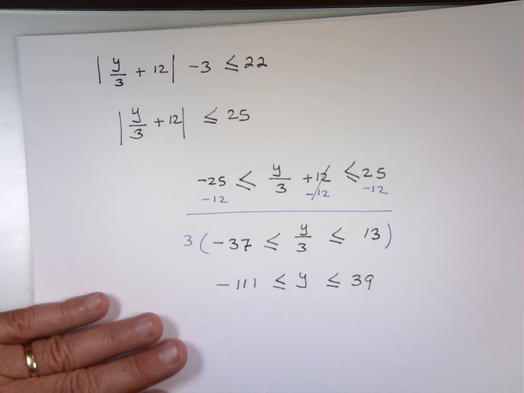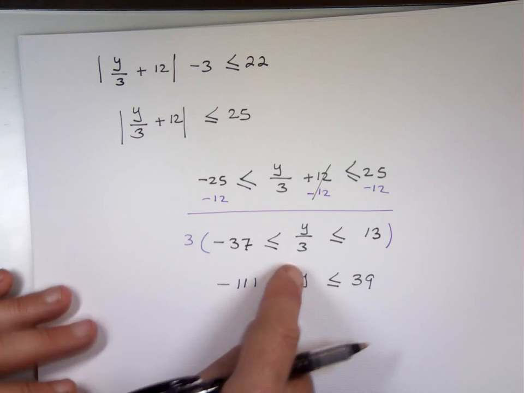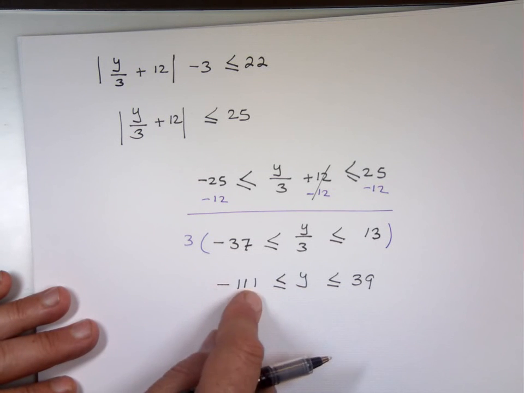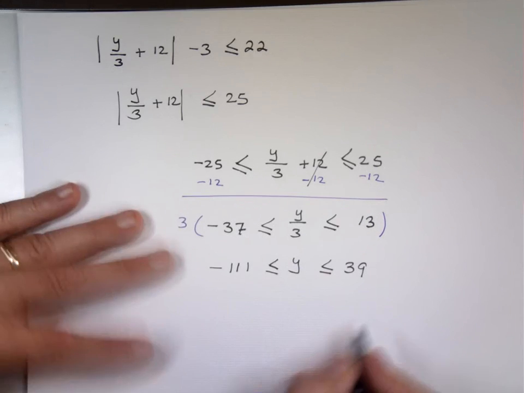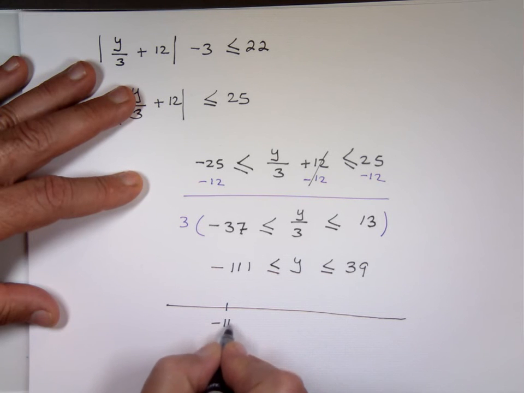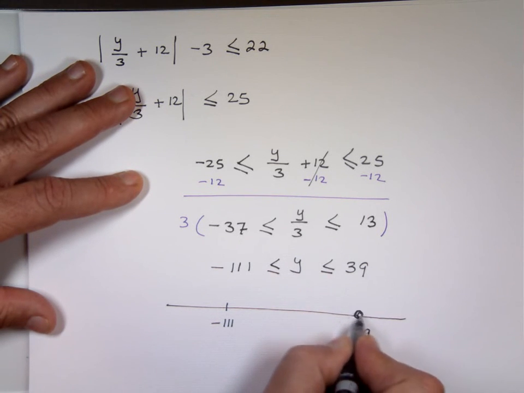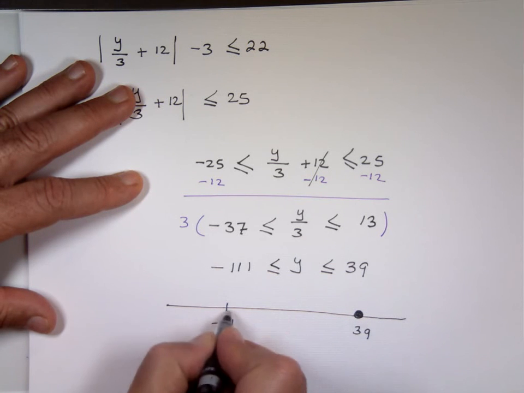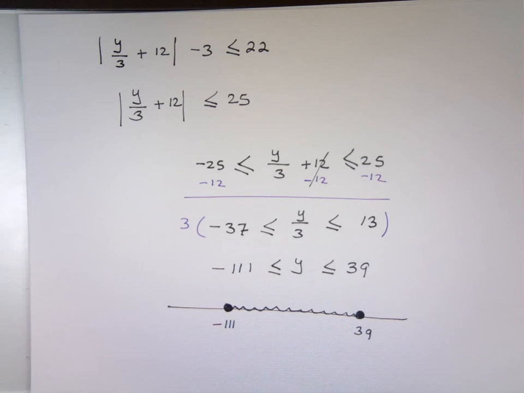And notice that's a less than. Y is greater than or equal to negative 111 and less than that. That's an and operation. That means your answer is going to be in between these two numbers. That's the solution.